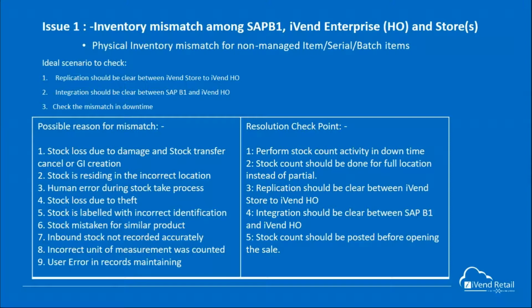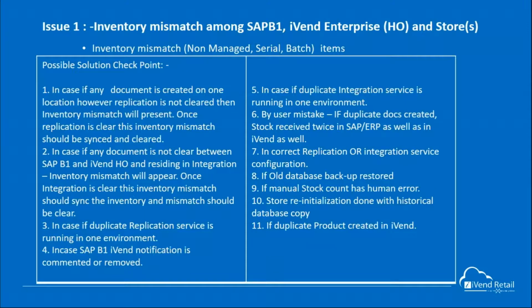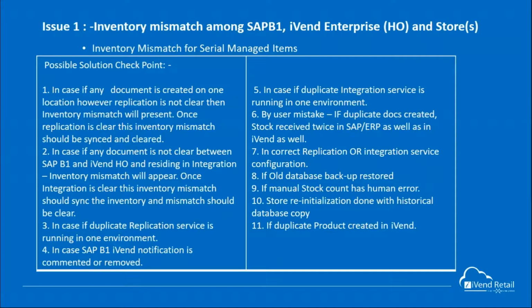In the same way, when you're doing an inventory reconciliation between SAP B1 or any other ERP and iVend enterprise, you need to ensure replication is totally clear and also the integration queue is clear, as I just informed you a few minutes back. Non-managed, that is normal items, and serial and batch tracked items, we have already covered.